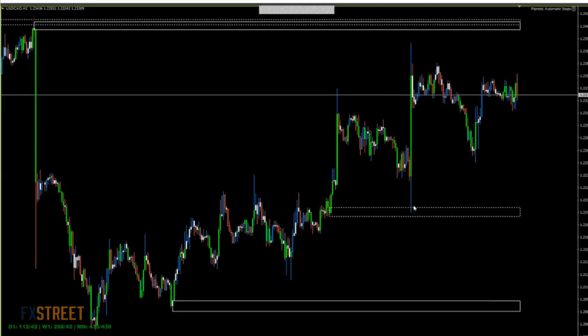Nonetheless, price came back, we tested this area of demand, and then we moved higher. And if you look left, it makes perfect sense, because when price left here, it was in the process of returning price to parity, which is on the high here.